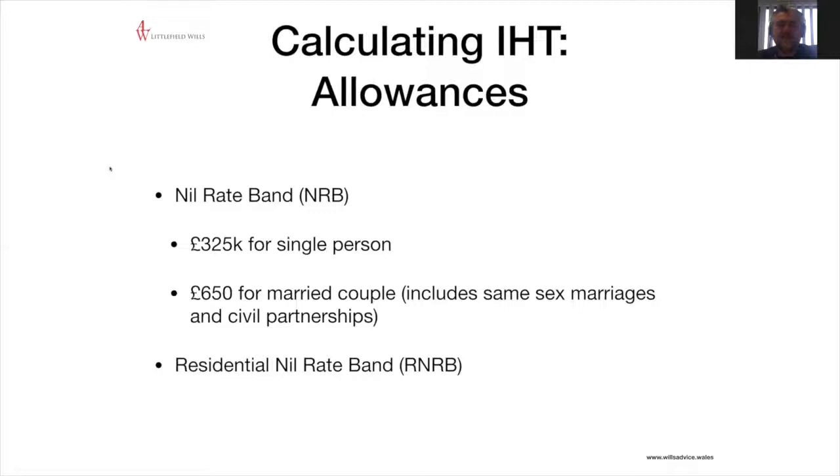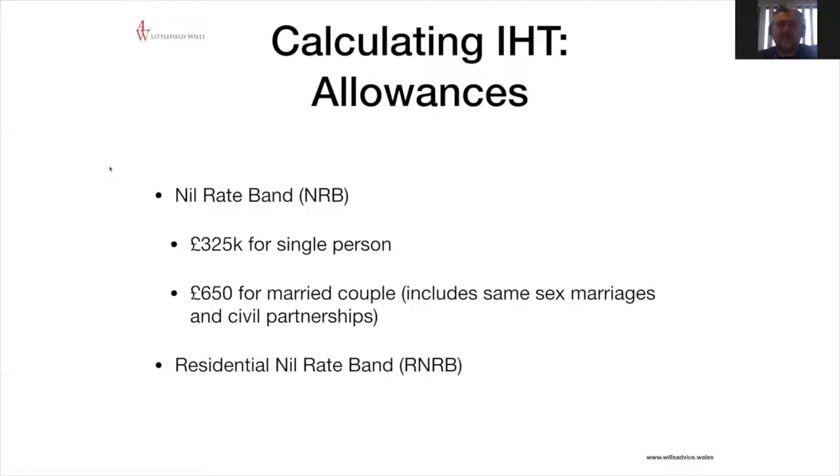What is the nil rate band? It's a tax-free band. So for a single person, it's £325,000, full stop. In the case of a married couple, which includes same-sex marriages and civil partnerships, when the first spouse dies, say it's the husband, the wife's estate can claim that tax-free band.